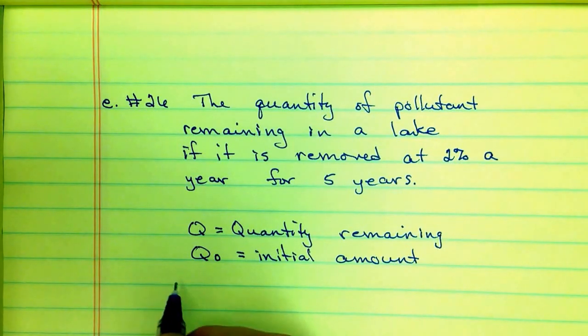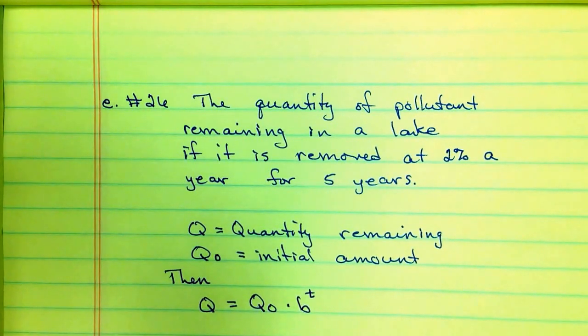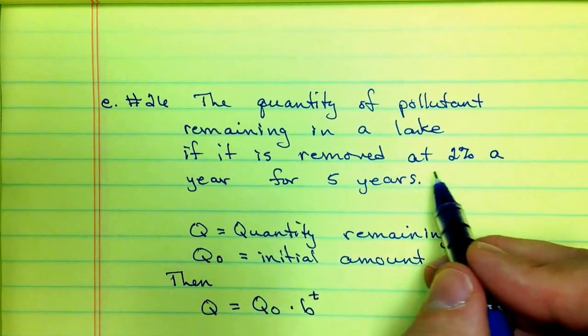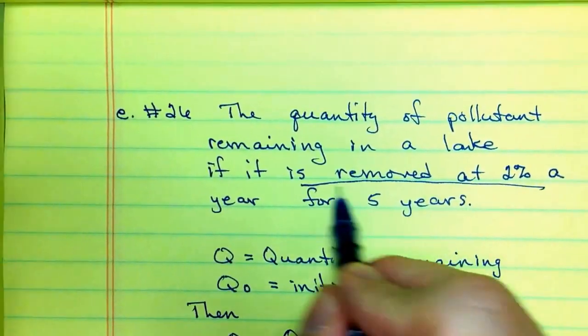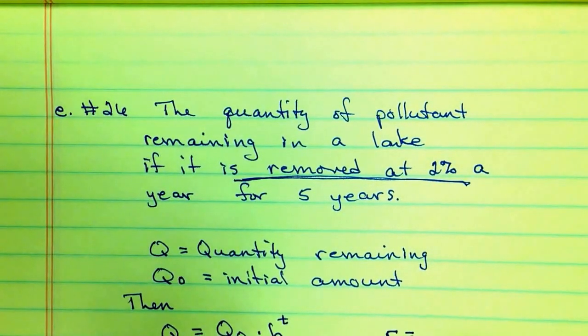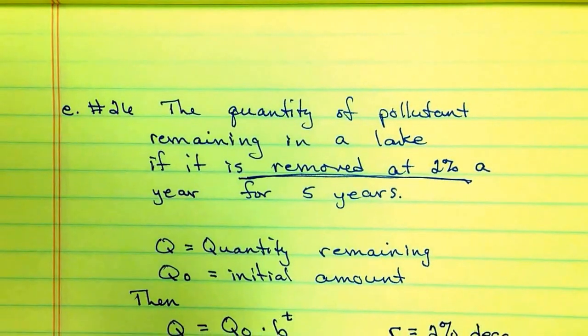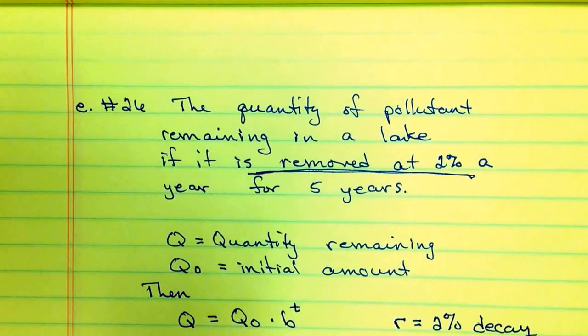All right, so then we can say that we'll have Q equals Q sub 0 times B to the T. So we have to figure out B. So what we need to do is find our rate. Well, we're removing at 2%. So we say R equals 2%, and since we're removing it, that's decay. So that means the numerical value of R is negative 0.02.